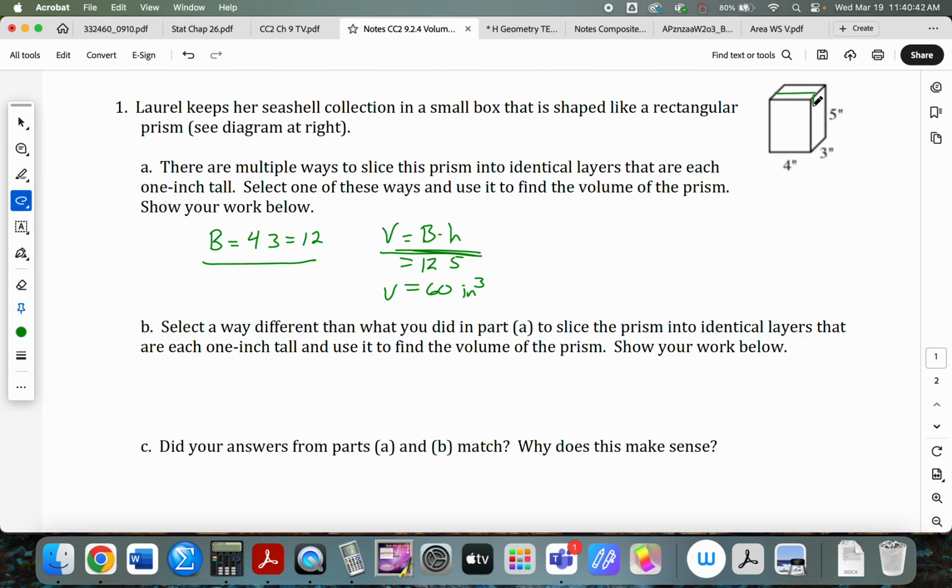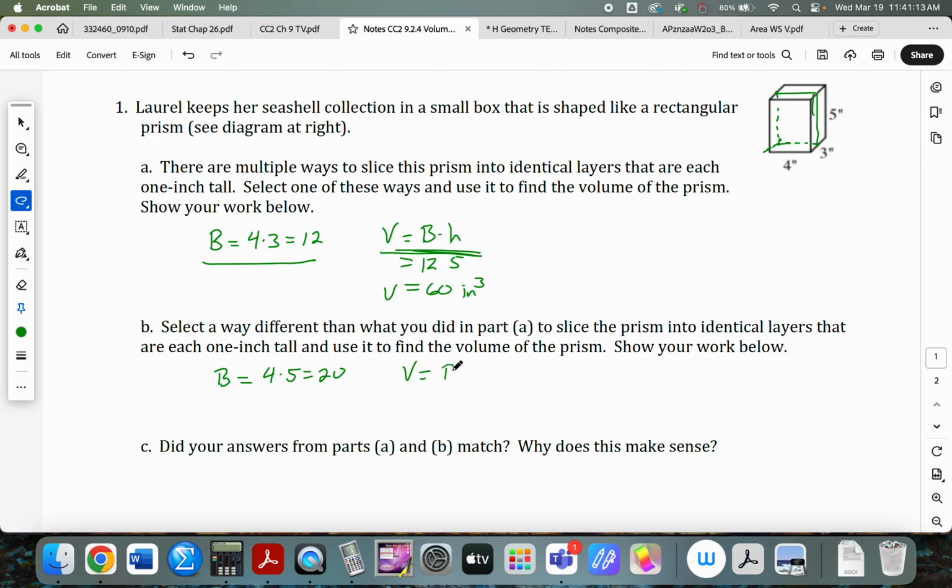Across here, and then down like that. So that was our slice. So then what I would be using as my base layer would be 4 times 5, which is 20.